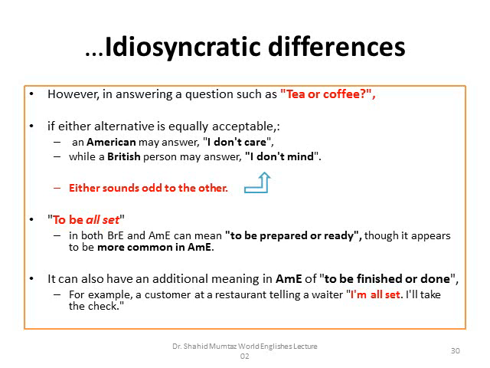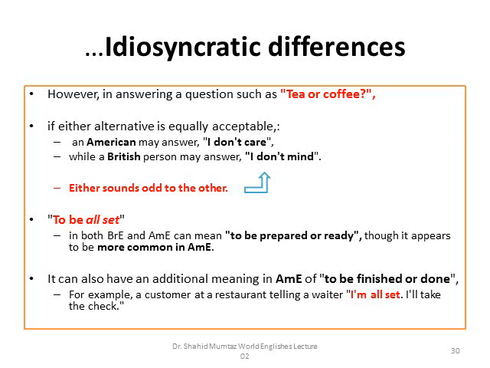Another example: "to be all set". In both British English and American English it can mean to be prepared or ready, though it appears to be more common in American English. It can also have an additional meaning in American English of to be finished or done.